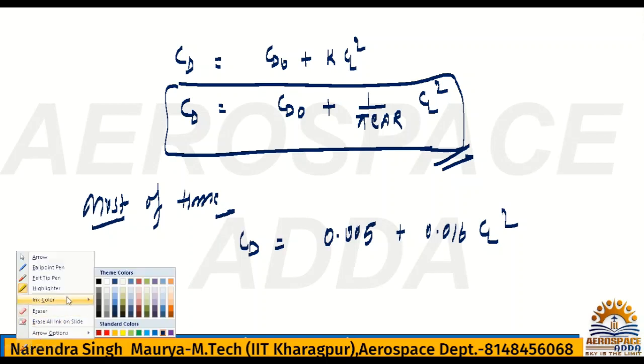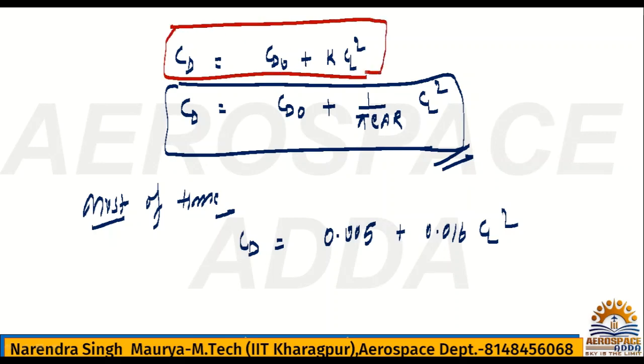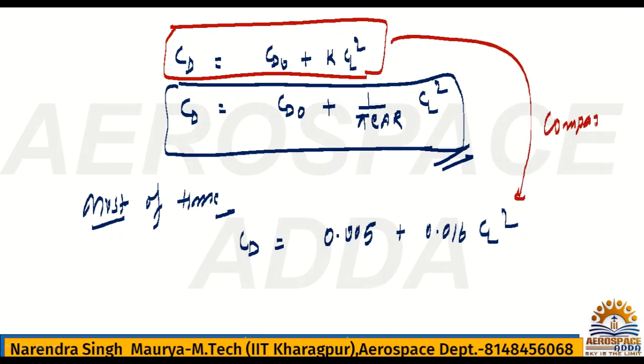Because in numerical you need to solve this. So you compare this. If you compare, then what you will get? CD naught you will get 0.05 and K you will get 0.016. So indirectly they have given CD naught and K. So if you know the standard equation, then only you will be able to compare, right?